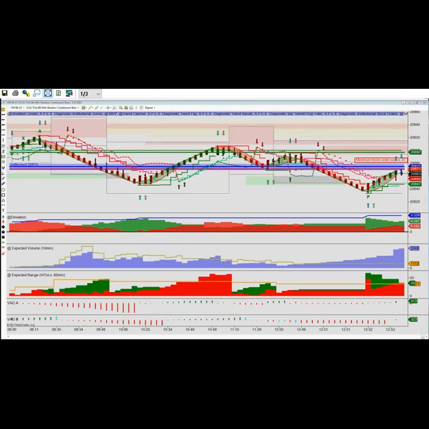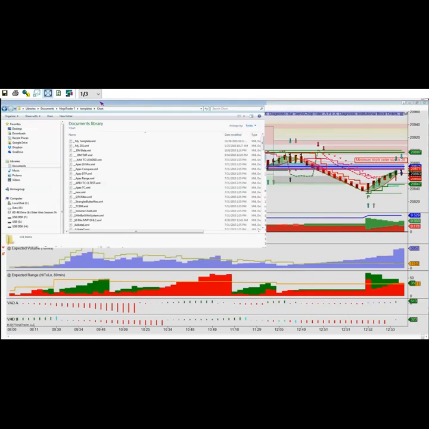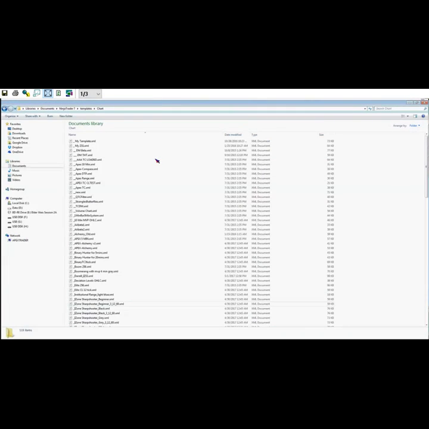NinjaTrader 7 templates. I'll drop this in the room.